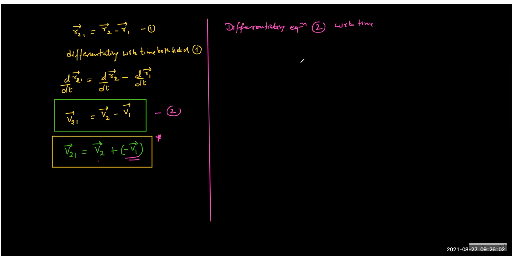So if you differentiate equation 2 with time, what will you get? d by dt. Acceleration. Correct. So the left side we can call the relative acceleration. We call it A21, and it is definitely A2 minus A1.